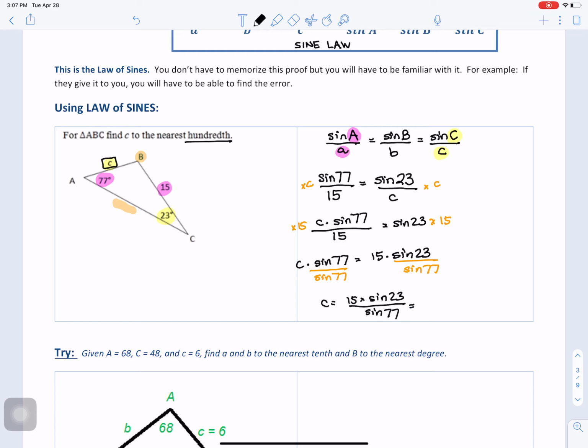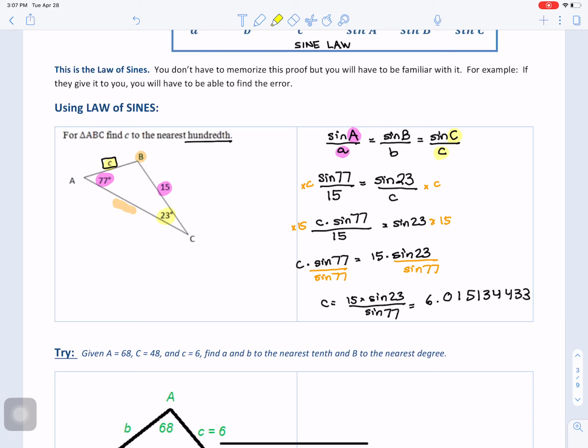You carefully put that in your calculator. So 15 times the sine button. It starts a bracket for you. You sub in the 23 and then you end your bracket. Then we have to divide that by sine of 77, close the bracket, and we get 6.015134433.